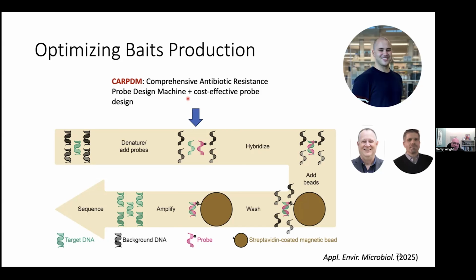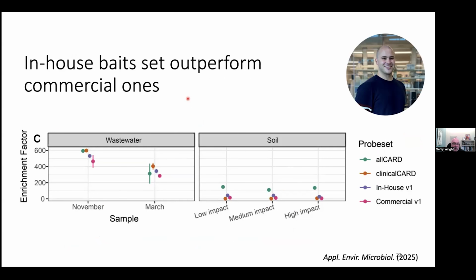In the previous studies, we had hired a commercial company to custom make these probes across all these resistance genes. We can now do this in-house at much reduced cost, which I think actually makes it really possible to use these kinds of molecular tools to go out and explore a lot of different metagenomes, whether they're in the environment or not. So here's an example.